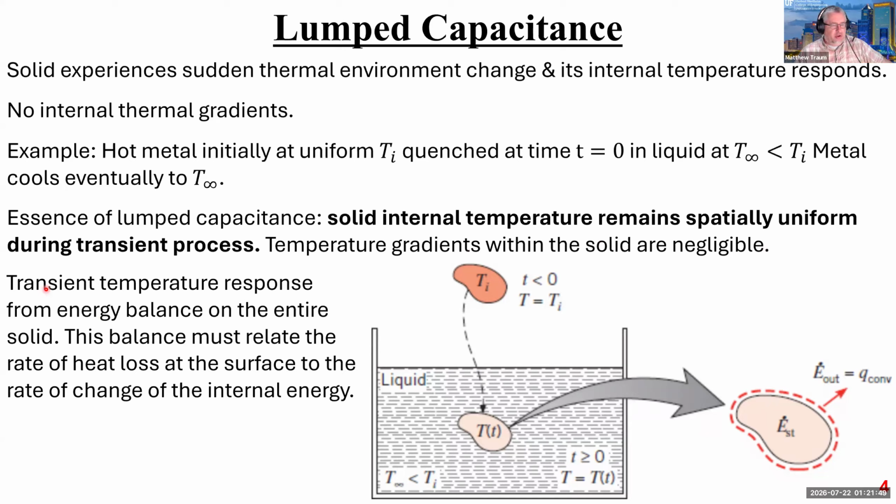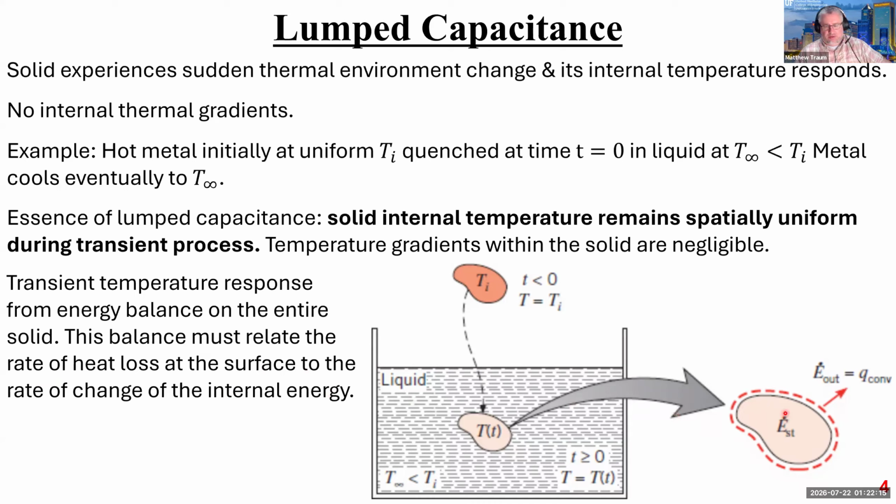Okay. So what do I say here? Transient temperature response from the energy balance. Yeah, right. The transient temperature response that you can come up with a mathematical model for comes from just performing a first law energy balance, right? Just thermo on the object. This balance relates the rate of heat loss at the surface to the rate of change of internal energy.